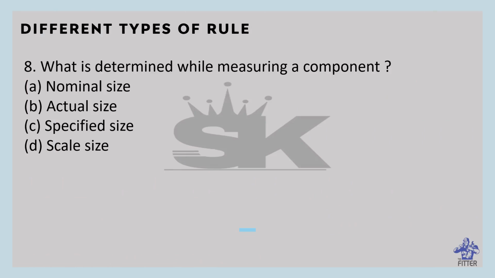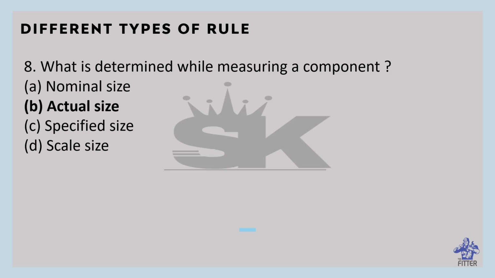What is determined while measuring a component? That is actual size. The size based on which the dimensional deviations are given is called basic size. The extreme permissible sizes within which the operator is expected to make the component are called limits of size.